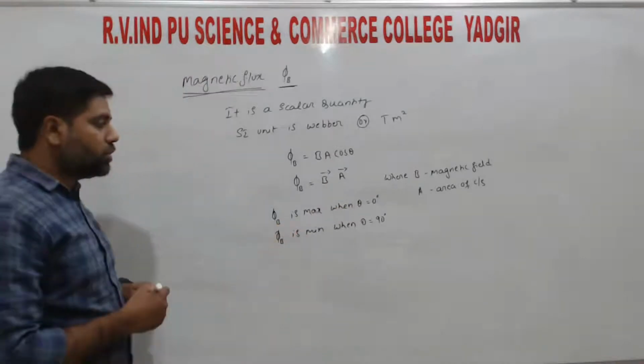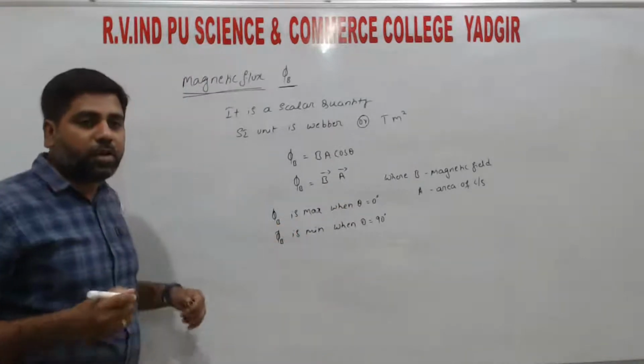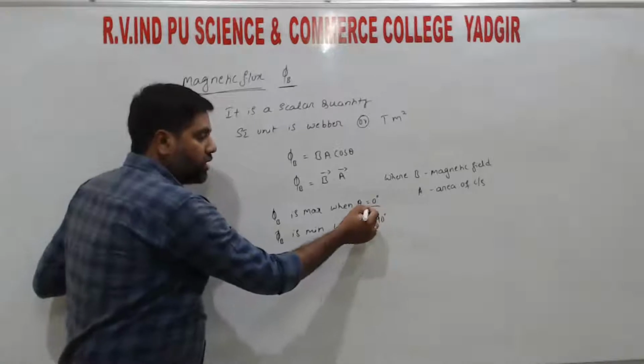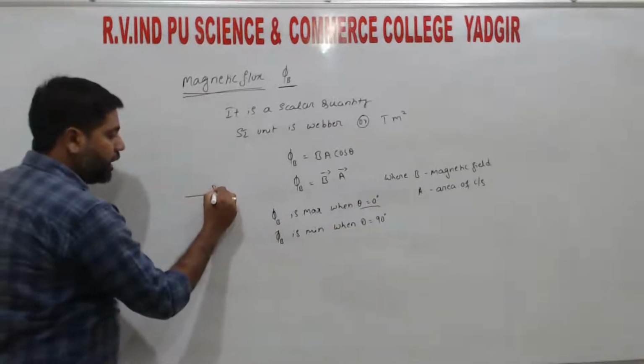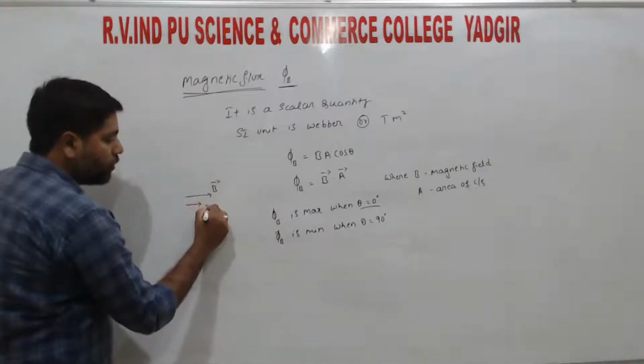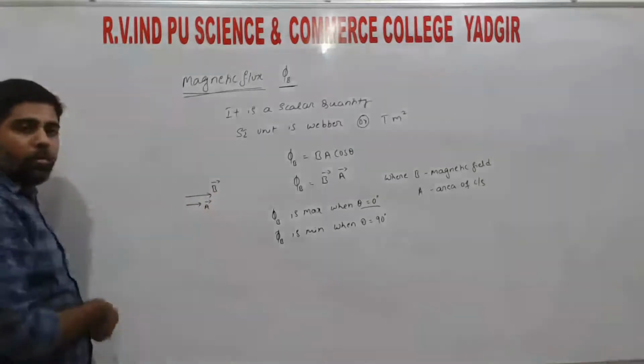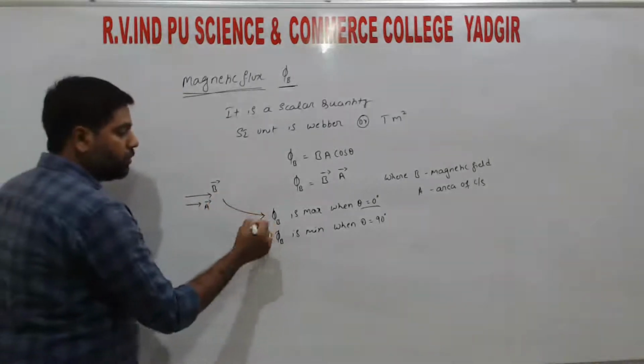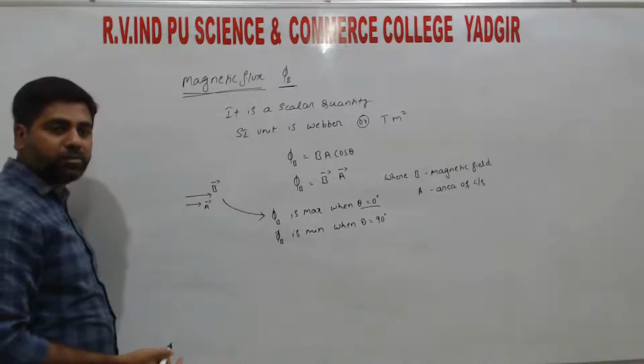One more concept: when theta is 0 degree, that means the magnetic field and the area of cross section are both parallel, then the magnetic flux is maximum.